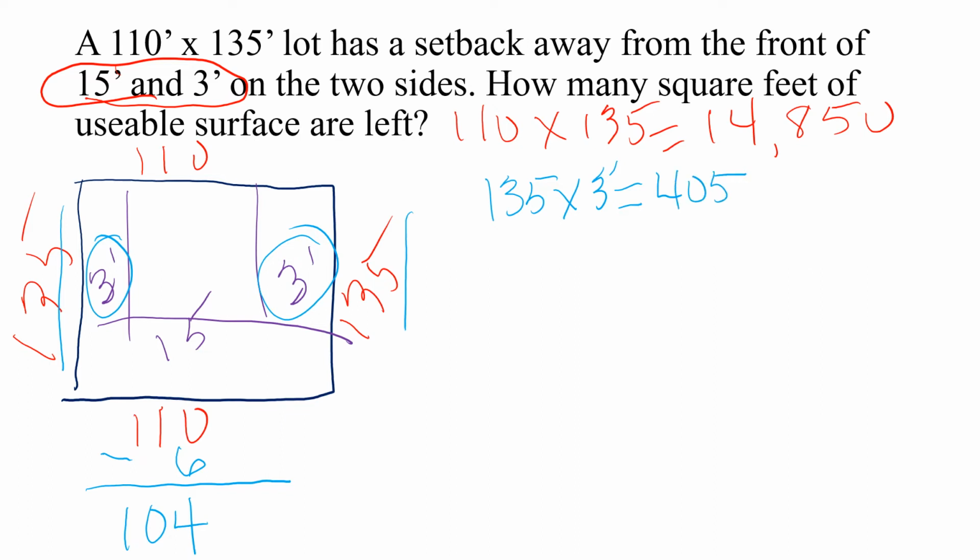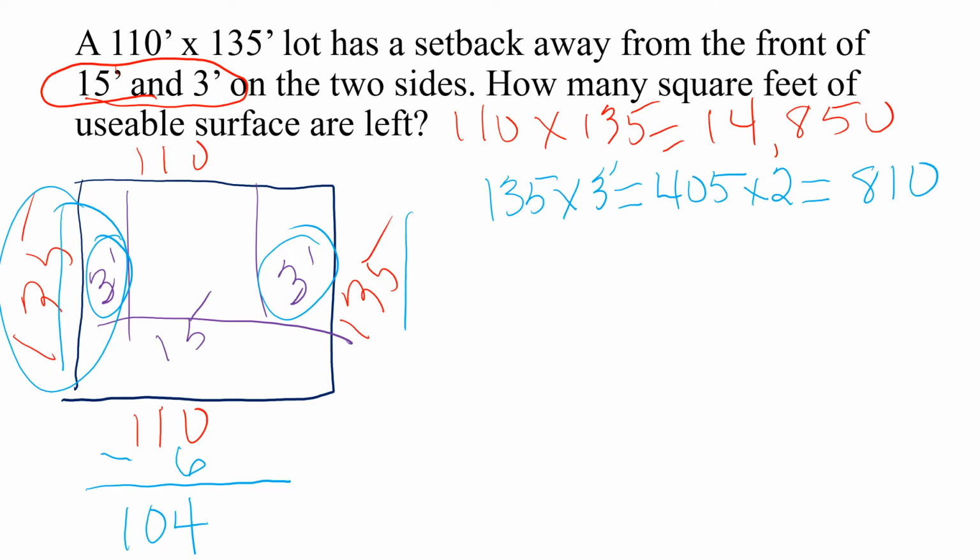But we've got it twice, right? We got to do that again over here. So let's just multiply that by 2, because we have 135 times 3 feet twice. That gives us a total of, for our sides, 810.